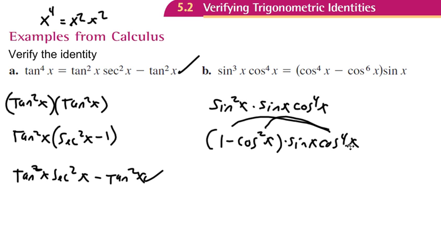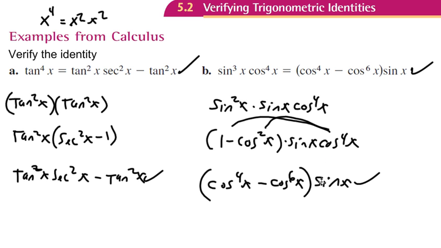Cosine to the power 4 times 1 is cosine to the power 4 of x. And then cosine to the power 4 times negative cosine squared is minus cosine to the power 6 of x. So close those in parentheses and leave the sine on the outside. I know I want to do that given what I'm trying to verify. And as you can see, these two are equivalent.